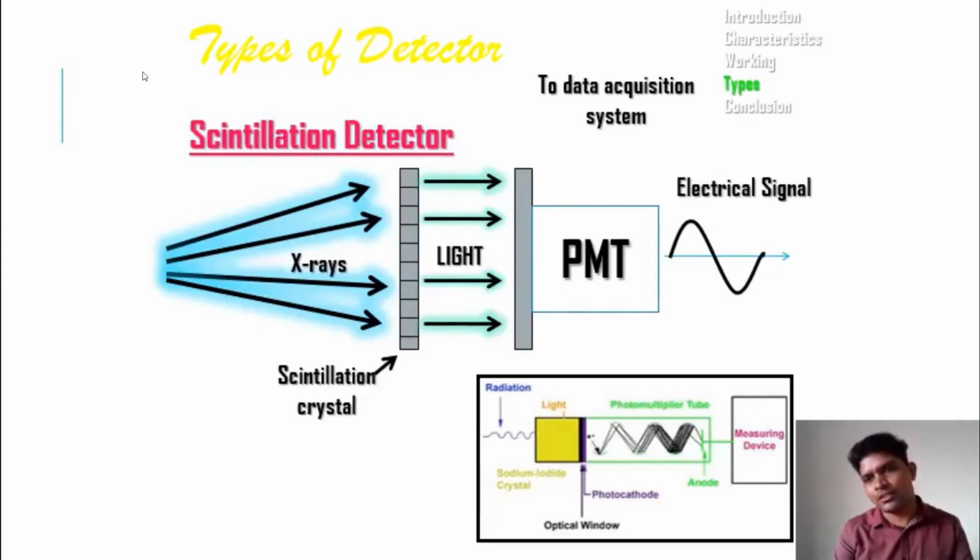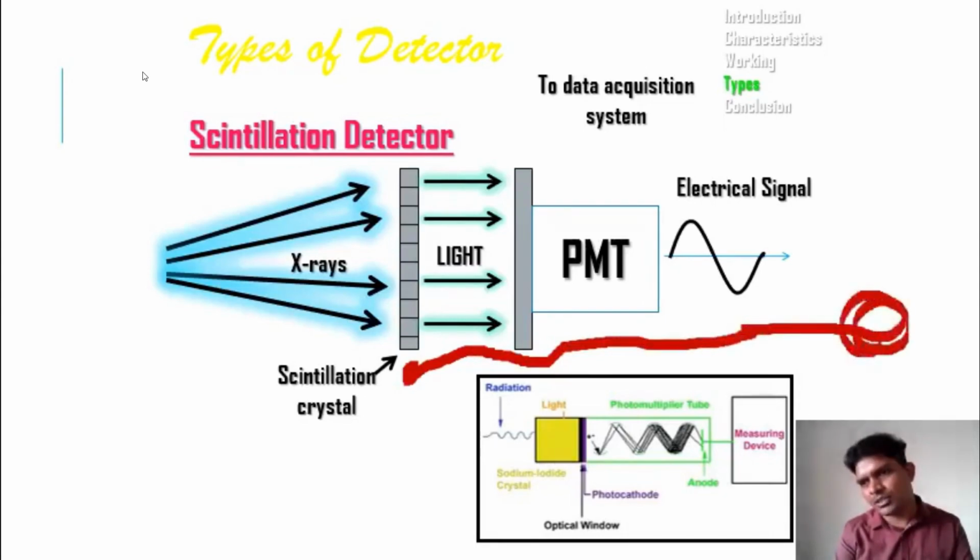The X-ray reaches the scintillator detector, then the X-rays are converted to light photons, and the light photons are received by the PMT. Then it converts to an electric signal and creates an image. So this is the working principle of the PMT tube.